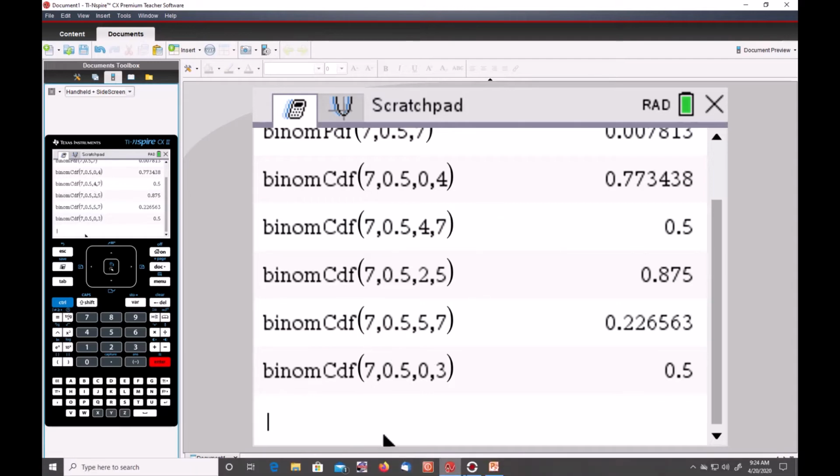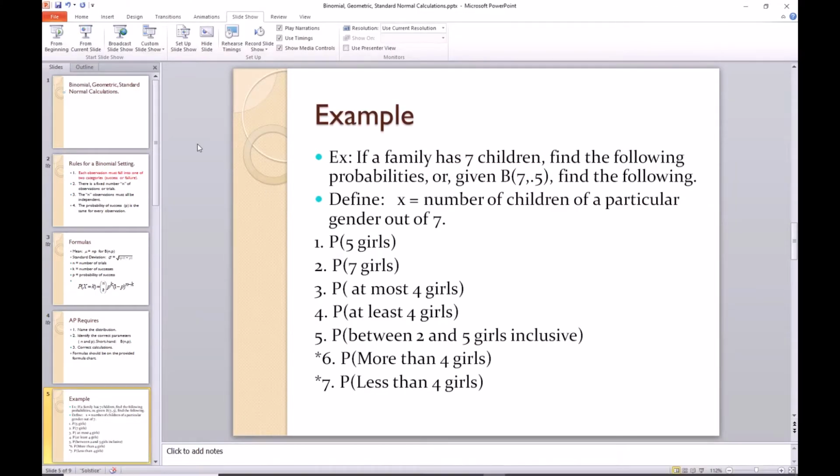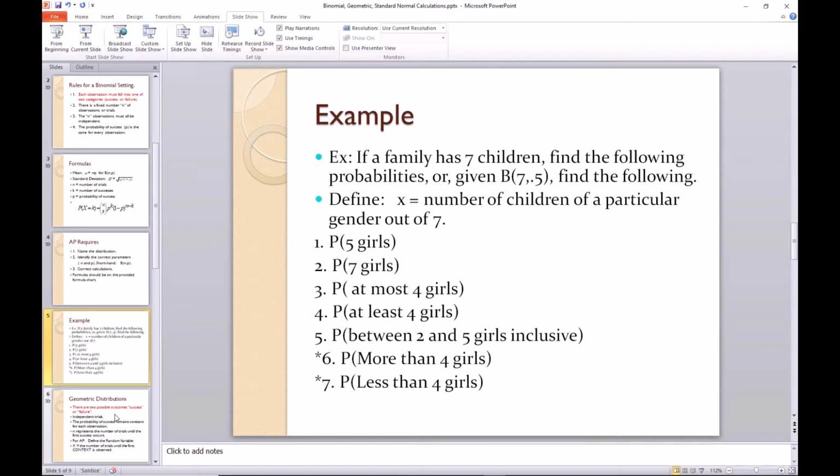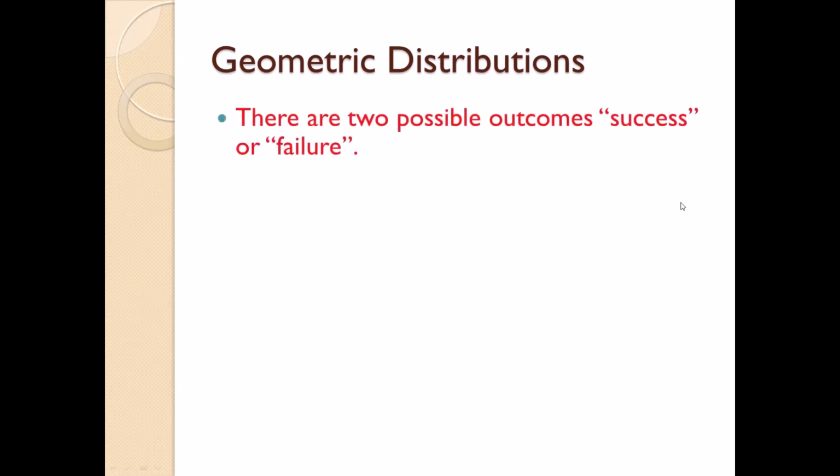So getting back to our PowerPoint, let's go on to the next thing, and we're going to look at geometric. Geometric also has 4 rules: 2 possible outcomes, either something happens or it doesn't, yes or no. Independent trials, that's the same as binomial.